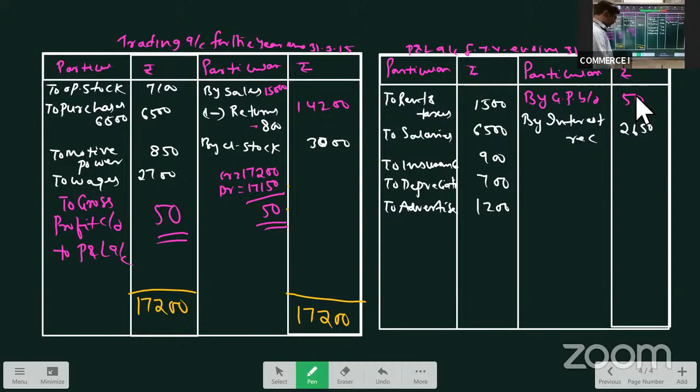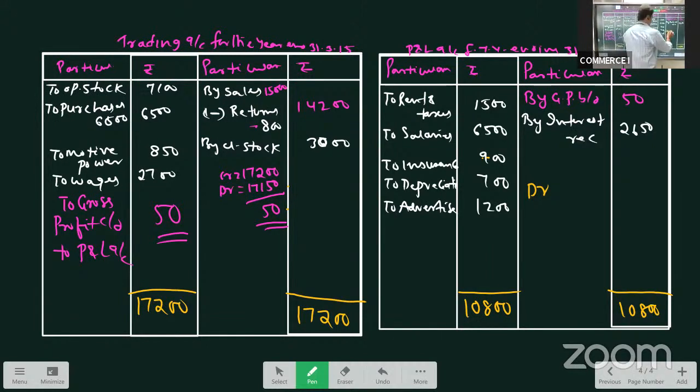Okay, now let us balance the P&L account. You see here in P&L account, debit side is more. Debit side total is 10,800 and credit side total is 2,700. Deduct, we have a net loss of 8,100.